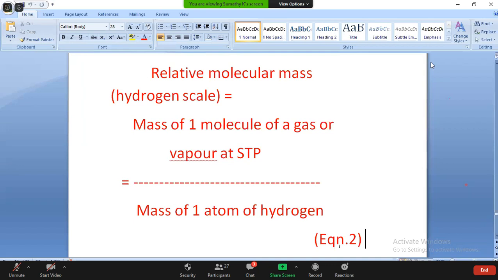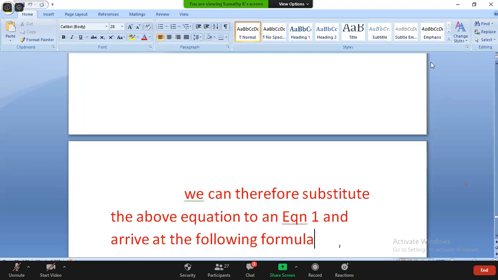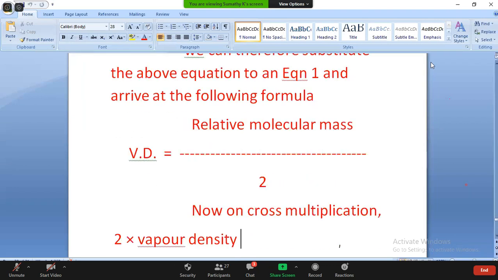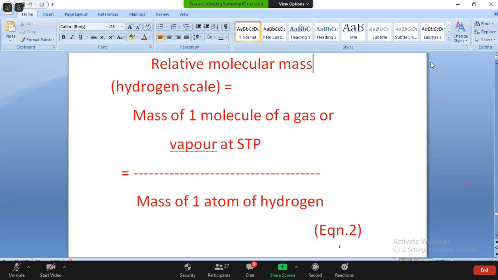This is the relative molecular mass. We substitute equation 1 here. The mass of 1 molecule of gas or vapor at STP divided by the mass of 1 atom of hydrogen is the derivation of the relative molecular mass.